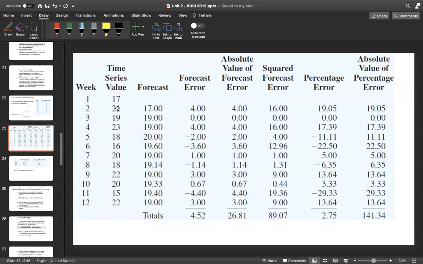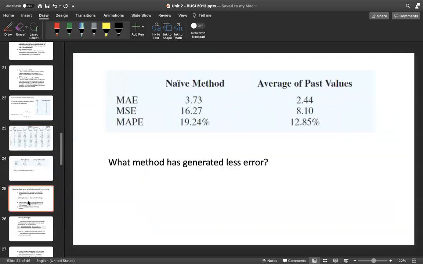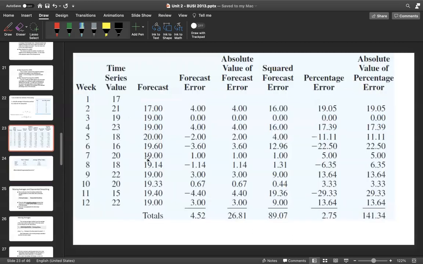For example, if we consider the average of the previous two, it moves with that week in here. In week 4, we just considered the 2 previous weeks. And in week 7, we just consider the values for 6 and 5, the 2 previous ones. So this is a moving average, because the average moves with time.